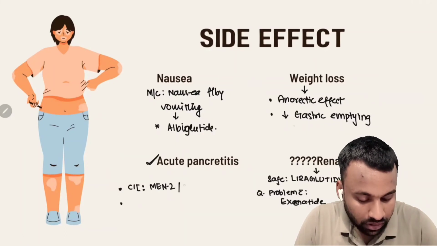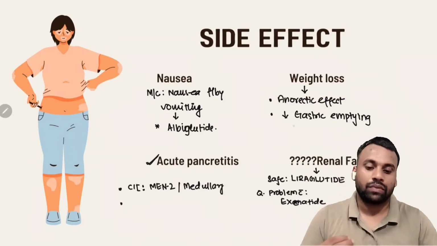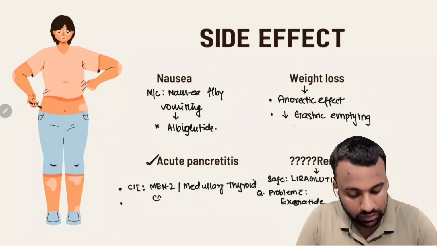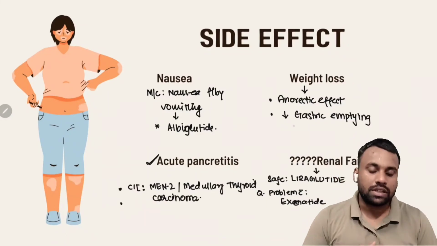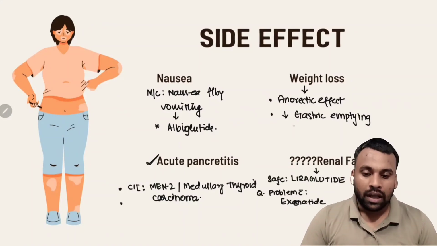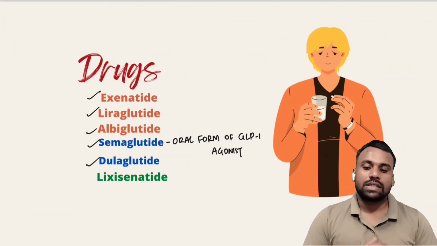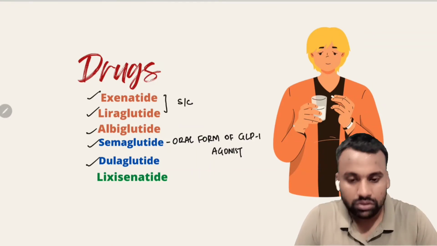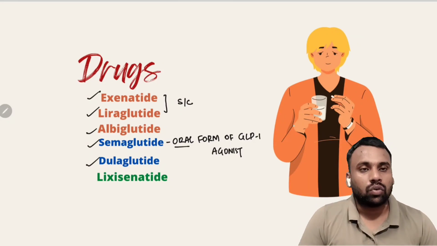Exenatide and liraglutide we can give subcutaneously, and semaglutide is given orally.